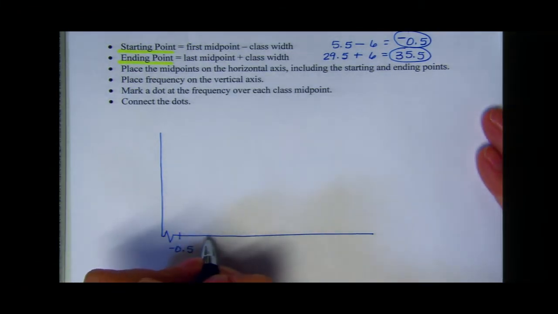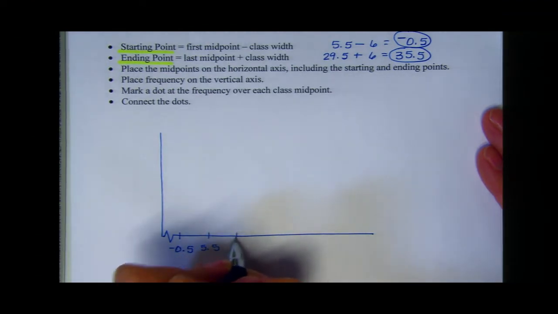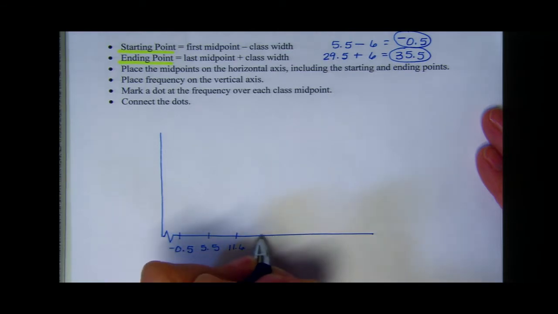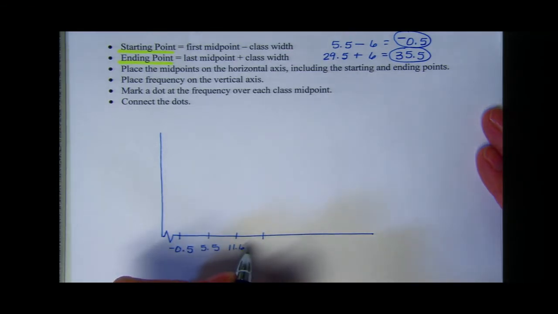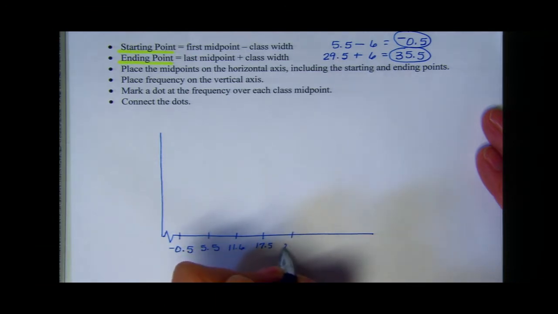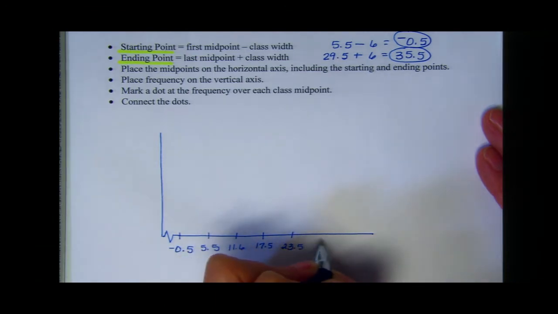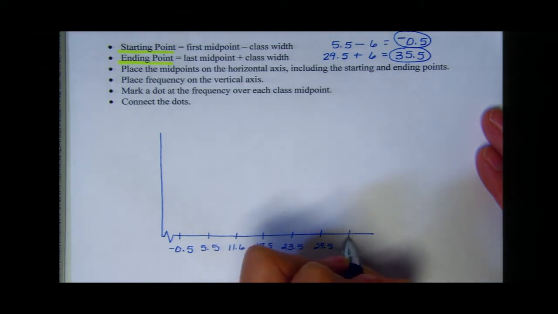And then I'm going to use my midpoints. So 5.5, 11.5, 17.5, 23.5, 29.5, and then I need my ending point, which is 35.5.